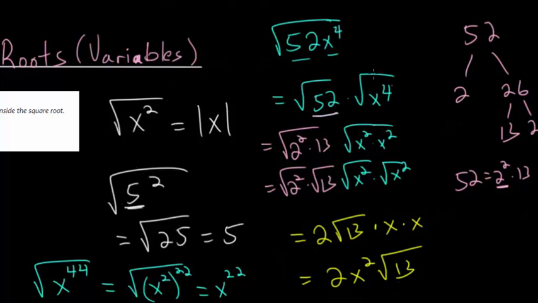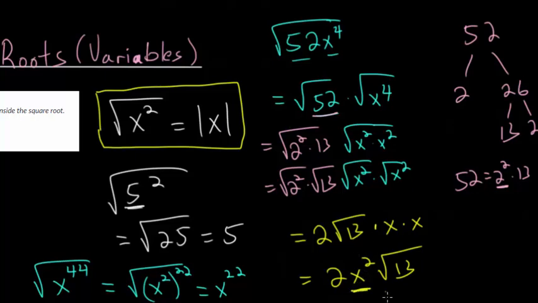And now there is this subtlety. This is kind of a deep point here, that when you're taking the square root of x squared, you get the absolute value of x. But since we were able to get back an x squared term, this guarantees that our answer will be positive, since anything you square is a positive number. So that's why I didn't bother putting the absolute value signs.